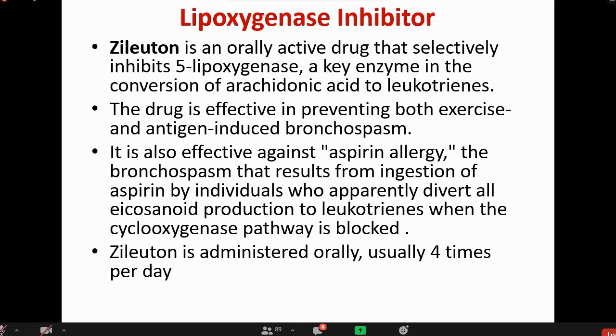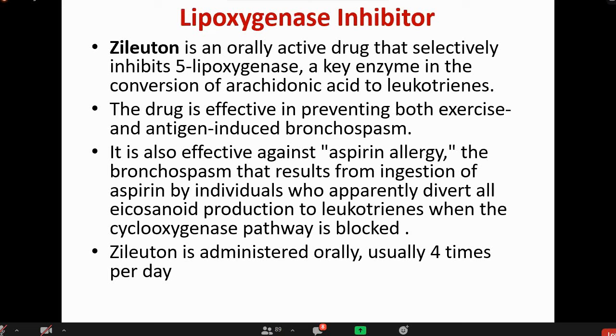Lipo-oxygenase inhibitor, this we have already discussed, because in the beginning the slide was leukotriene modifier. So one group is going to block the leukotriene receptor, and the second group is going to inhibit the lipo-oxygenase enzyme, which is responsible for the synthesis of leukotrienes by converting arachidonic acid into leukotrienes.